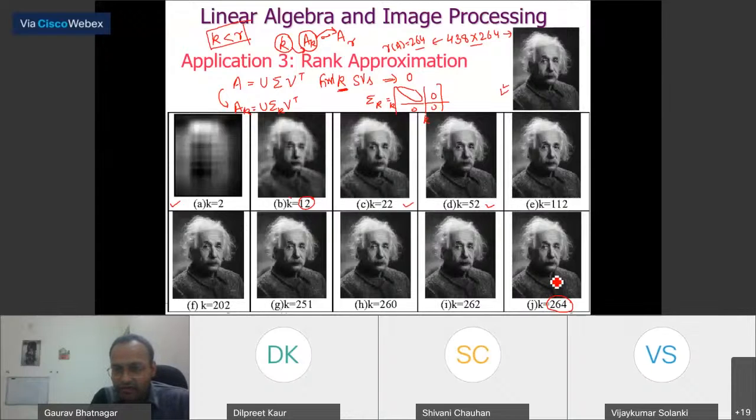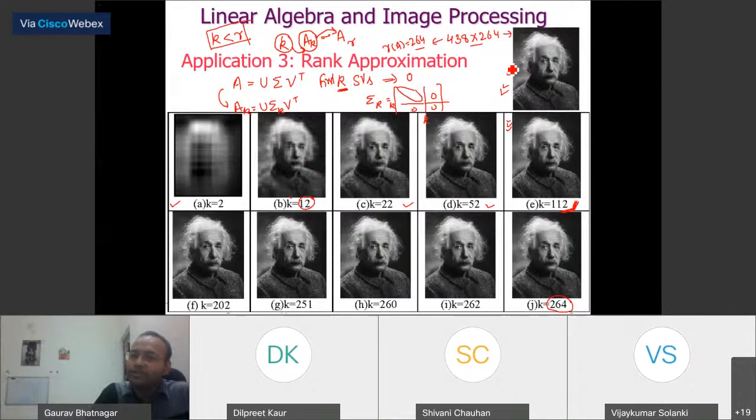However, I want you to look at this particular value. If you look at this image and this image, using your eyes you cannot tell the difference. Hence, this is the best approximation of this image, having the rank of 112.